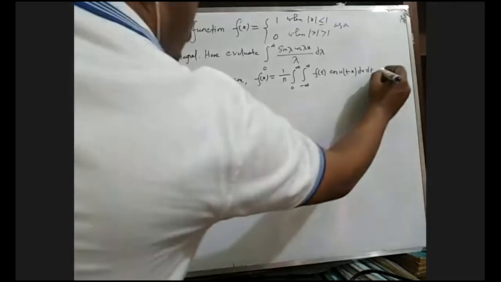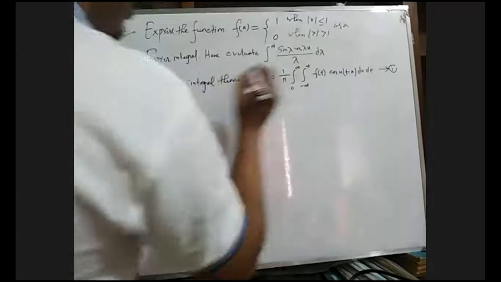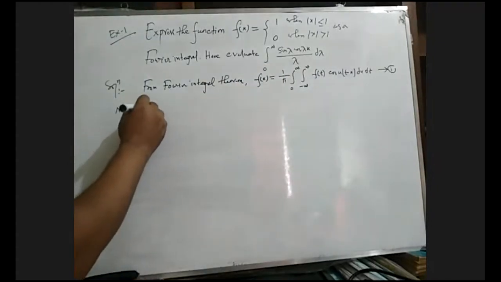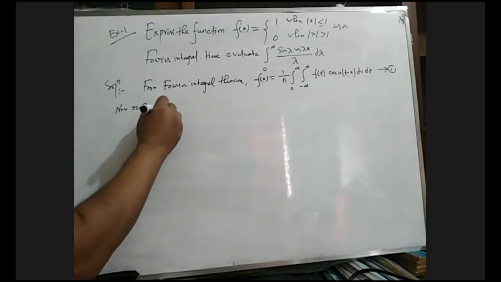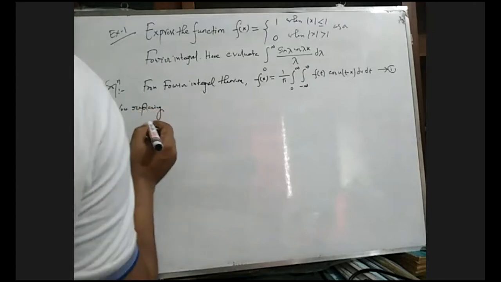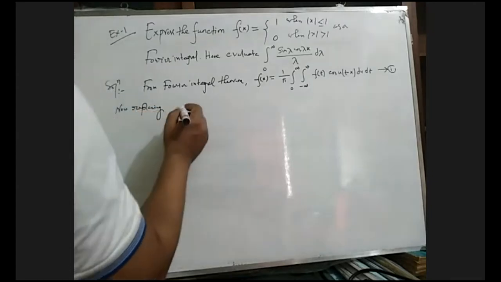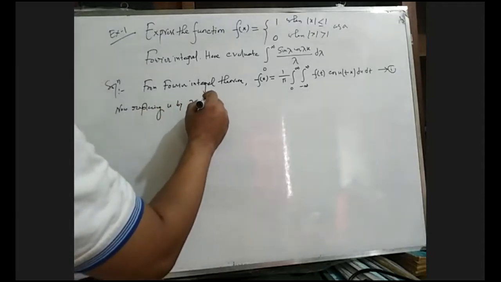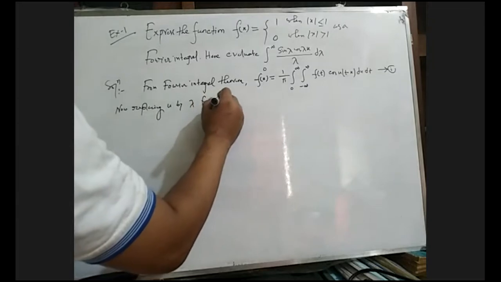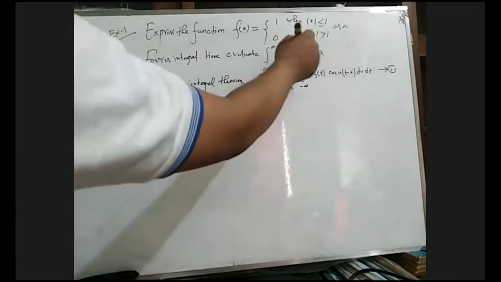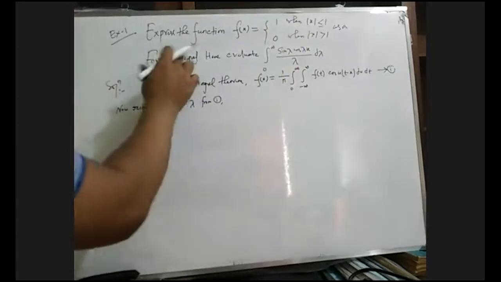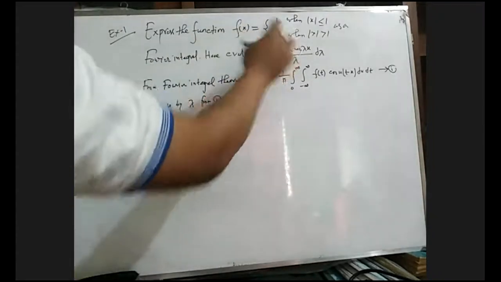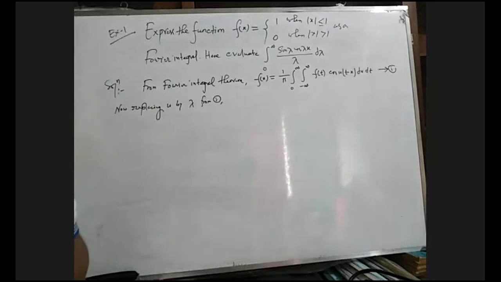This is equation number one. Now replacing u by lambda from equation 1, because we have to find another variable or parameter lambda in place of u.